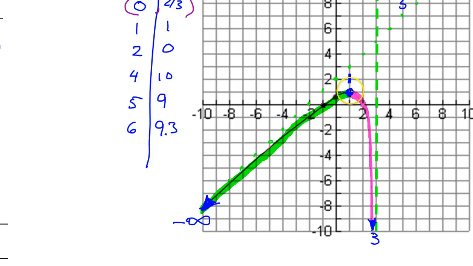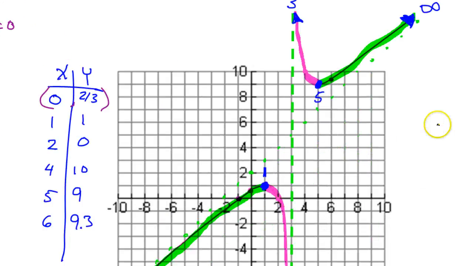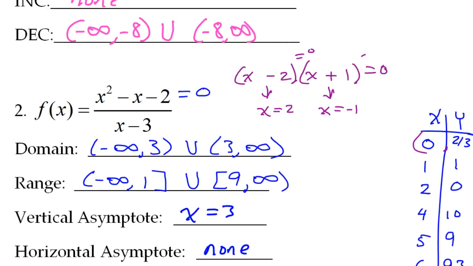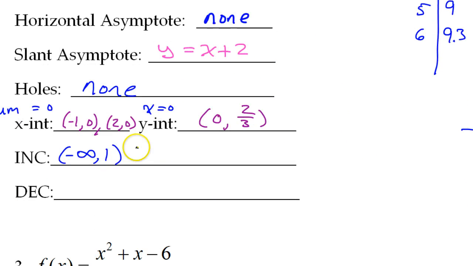But right at the number in the middle, it's neither increasing nor decreasing. It's flat for one moment. Alright, so then we have another increasing interval from 5 to infinity. So union 5 to infinity.